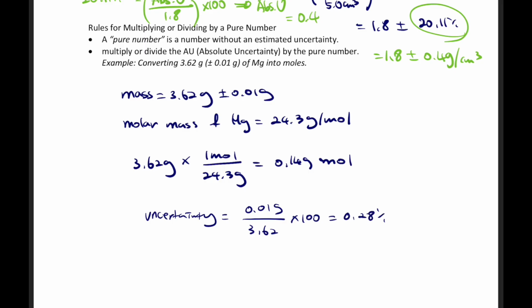Okay, but when we are writing our final answer, make sure you convert your percentage uncertainty back to the absolute uncertainty. So in this case, we have 0.0004 mole. So the final answer is 0.149 plus minus 0.0004 mole.